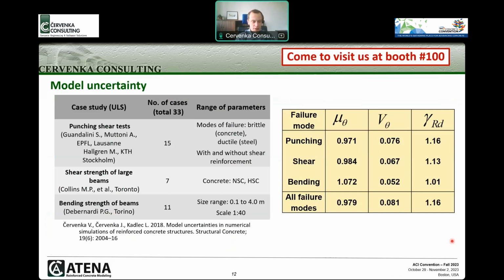It's not perfect. So there is some uncertainty in the possible underlying mechanism for different materials, for different concretes, etc. This uncertainty is specific for each material model and each software. For Atena, it's 1.16, meaning that we should have at least a 16% margin in the structural resistance in order to be sure that the structure will be safe.